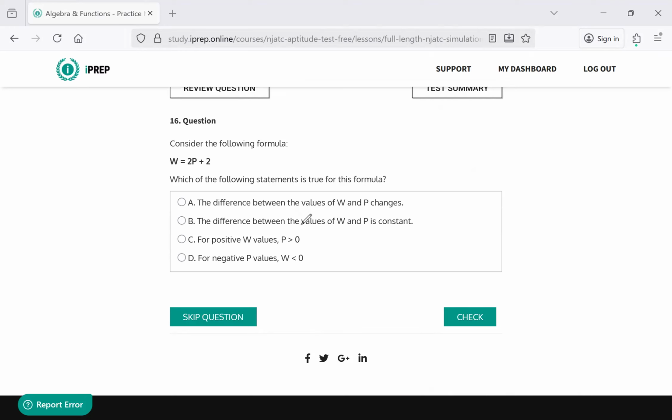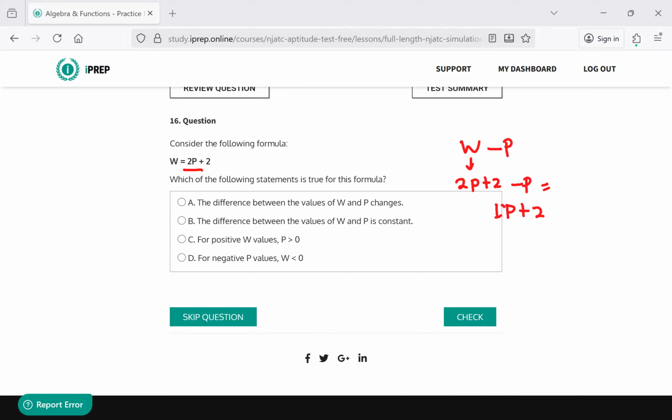So part A says the difference between the values of W and P changes. So what does that mean, the difference between W and P? It's really W minus P. And then what we'll do is substitute W with 2P plus 2. So 2P plus 2 minus P. And then what's 2P minus P? 2P minus P is P. So you get 1P plus 2.